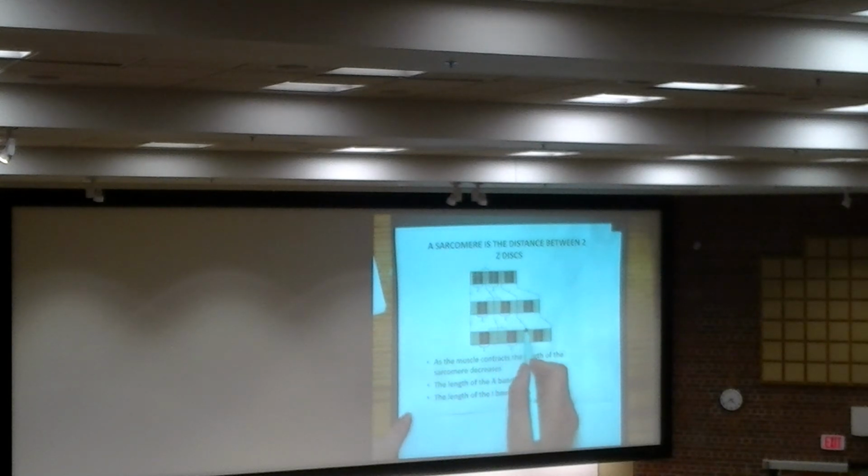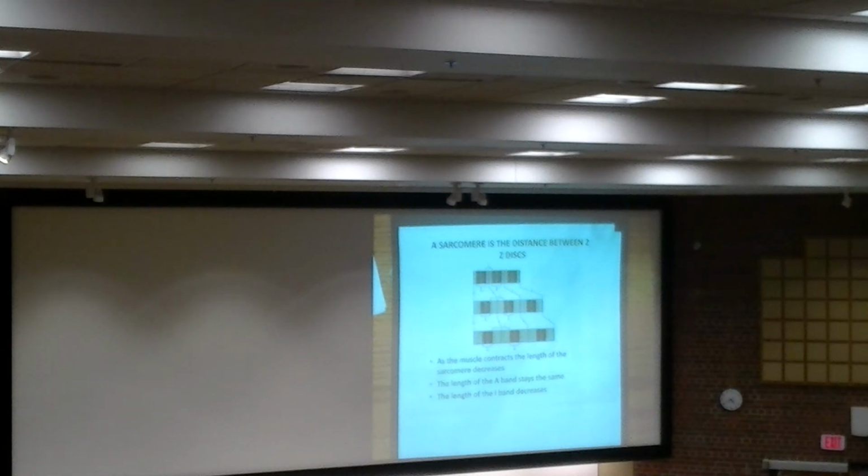In its relaxed state, the sarcomere is long. In the contracted state, the sarcomere is short. There is a change in length of the sarcomere as the muscle contracts. What about the A-band? Is the A-band changing in length as the muscle contracts?